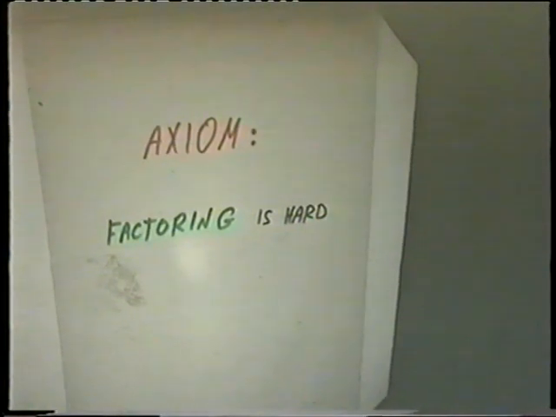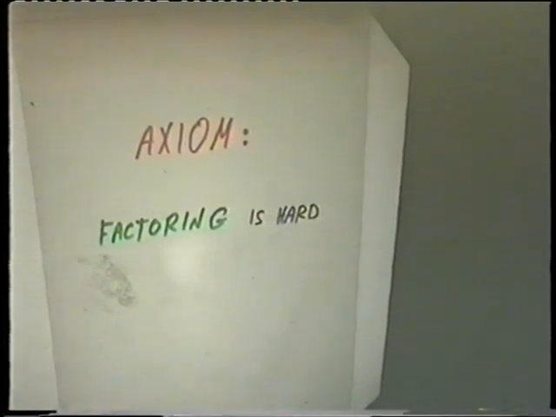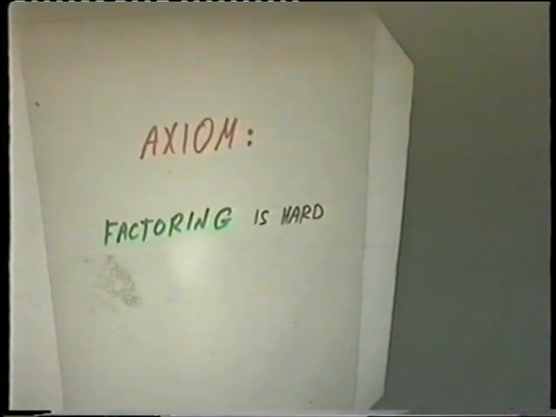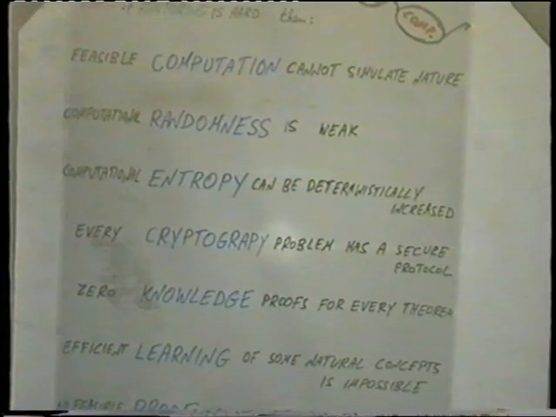It's not polynomial, let's say. And we'll see what happens. I want to add this one. And let's see what happens under this axiom. You get lots of interesting theorems.